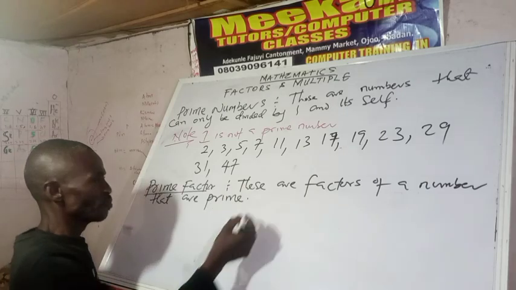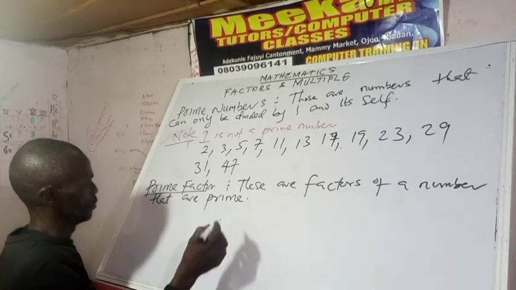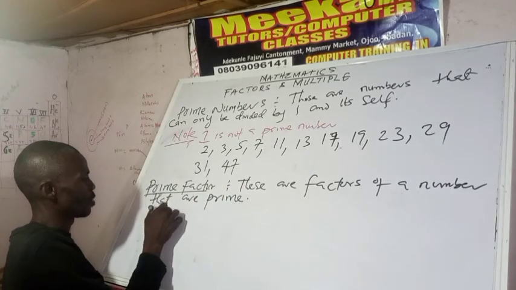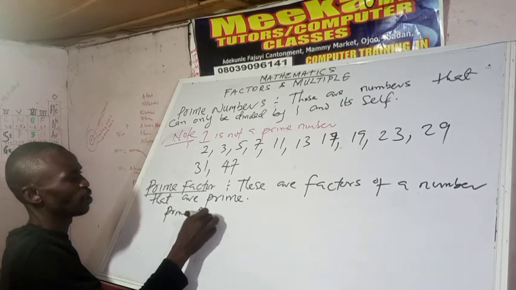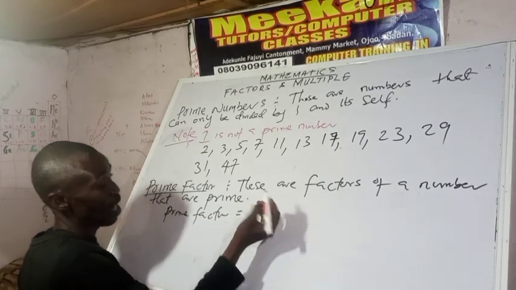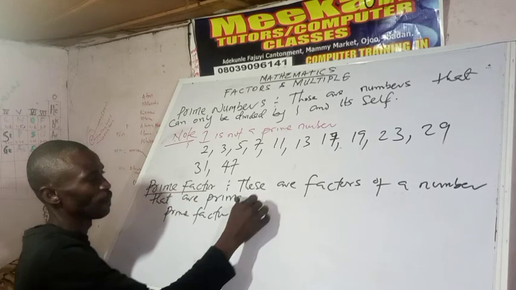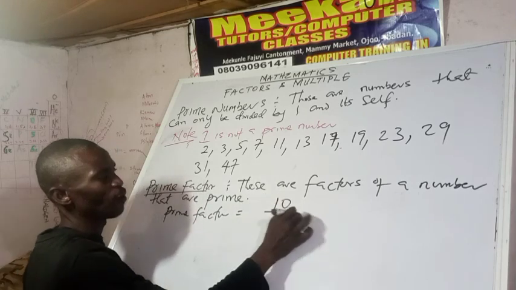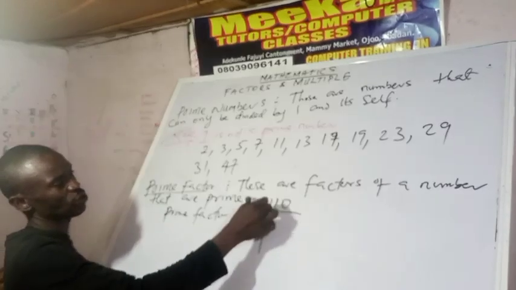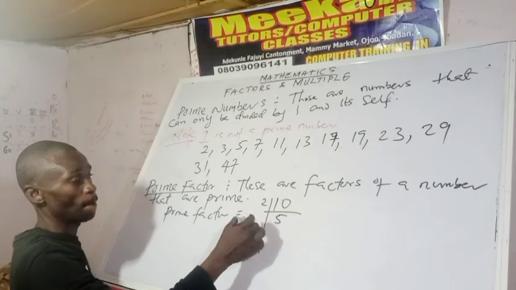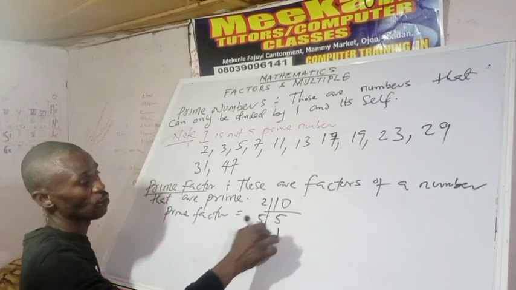Let's see, if you have 10, prime factors. First and foremost, find the factors. Factor of 10. I say 2 here, what do you have? 5. 5 here, what do you have? 1.